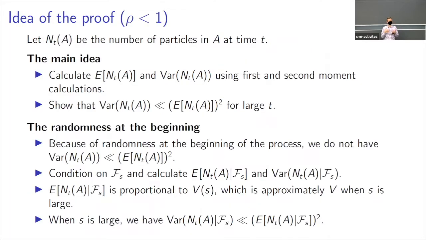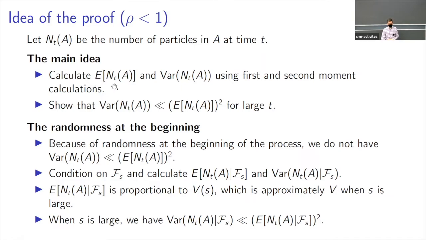I do want to explain how they carried out that proof, because some of these ideas will be important later on. I'm going to let n t of A be the number of particles in the set A at time t. It's sufficient to study these quantities n t of A, because this gives us information both about the total number of particles and about the distribution of where the particles are located.